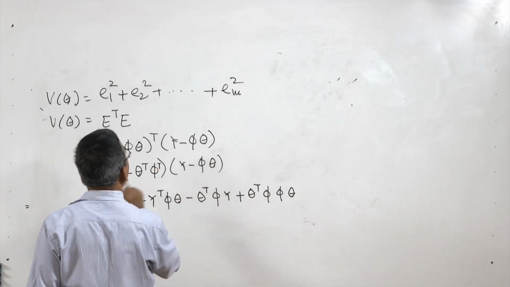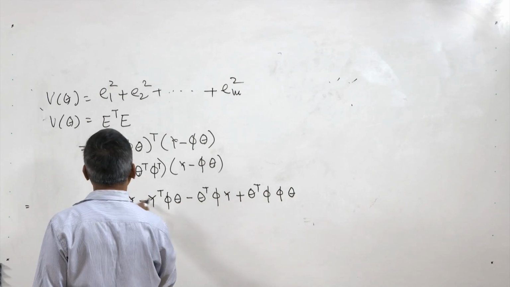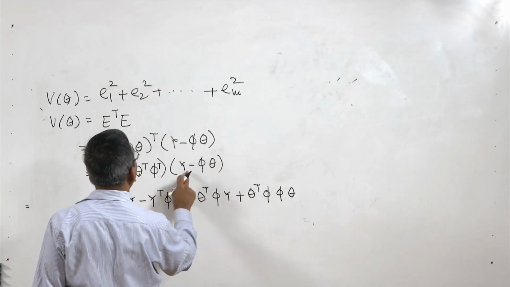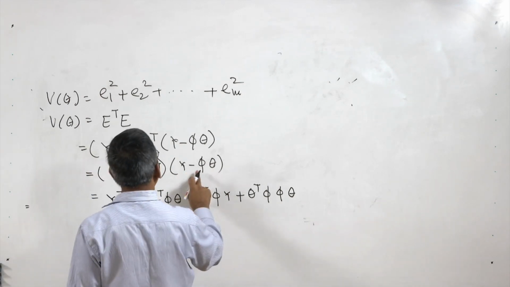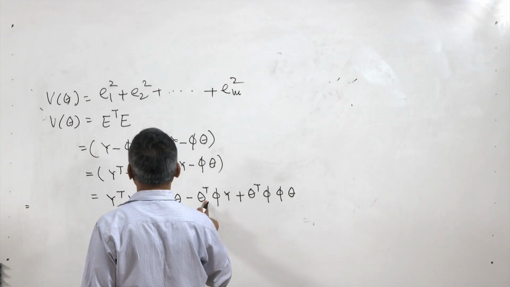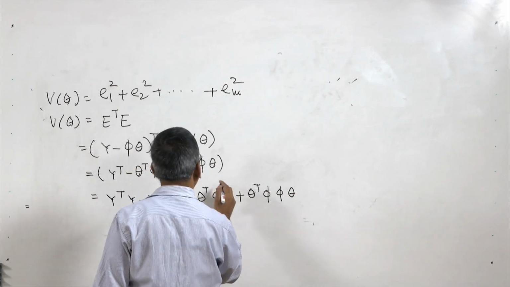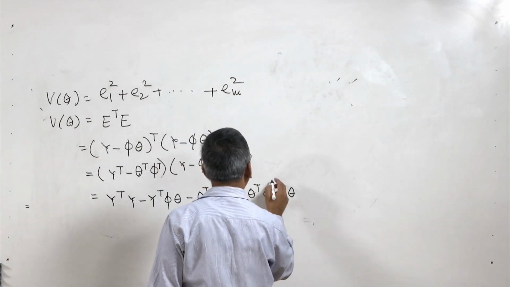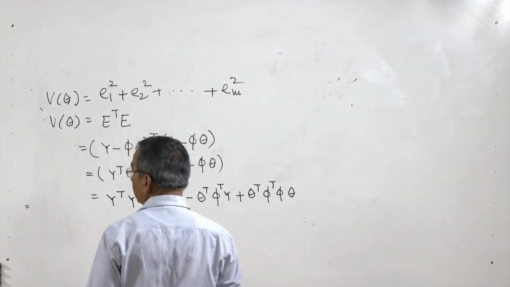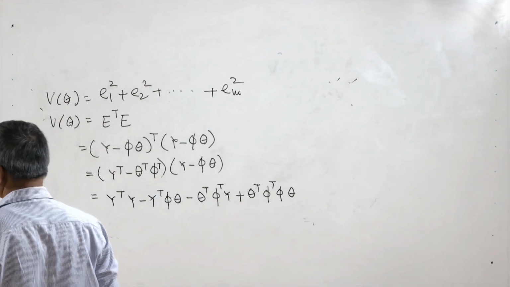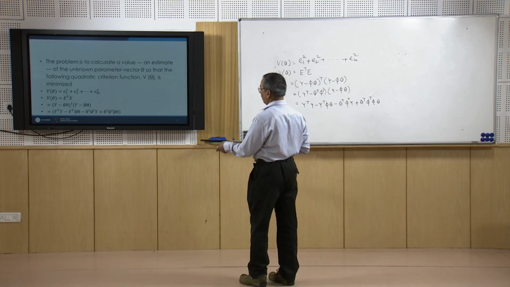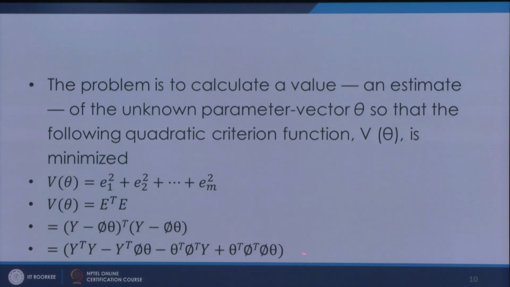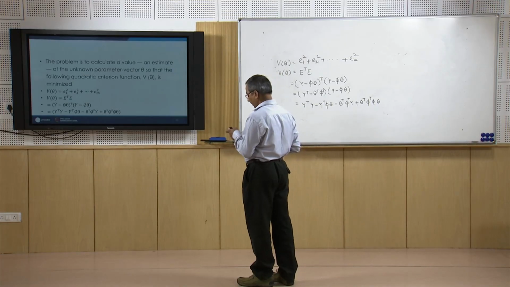Only the order is reversed. So, when we multiply this, we will have y transpose y minus y transpose phi theta minus theta transpose phi transpose y plus theta transpose phi transpose phi theta. So, this is what you get. This is the same expression which is written over here in the slides. Okay.